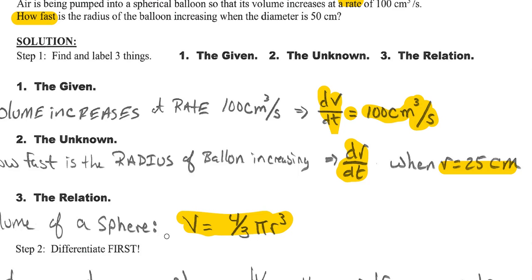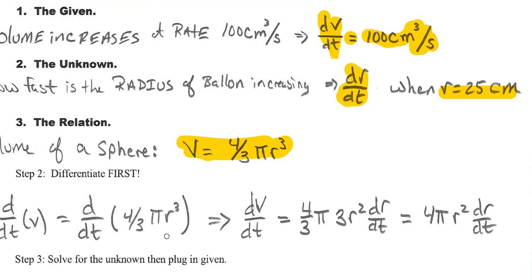Now, step number 2. We want to differentiate our relation on both sides with respect to time. So the derivative with respect to time of the left-hand side equals the derivative with respect to time of the right-hand side. On the left, that simplifies to dV/dt.